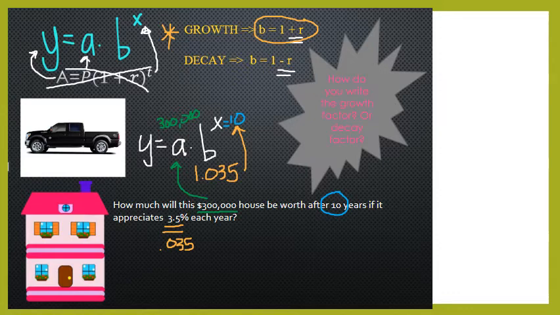I am getting 1.035 raised to the power of 10 is 1.41059, and so on. I'm not going to write it down, but I'm certainly not going to round. I'm going to leave that answer as is, then hit my last step, which is to multiply by my 300,000. I hit equals, and I'm showing that this house would now be worth, 10 years later, $423,000.